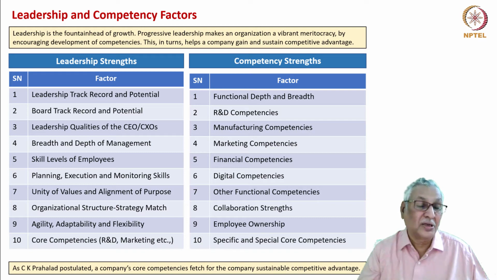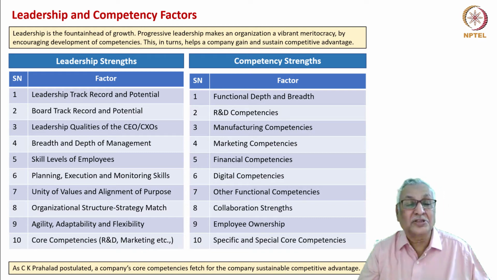When you look at Apple, the core competencies of the erstwhile chief executive Steve Jobs are very much known. Similarly, the core competencies of the current CEO Tim Cook are also very well known. Every company has got leaders whose core competencies bring that extra capability to the organizations. That needs to be understood very well.